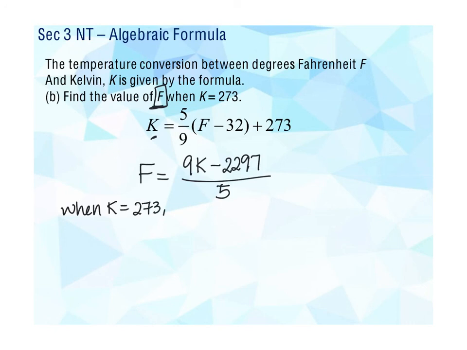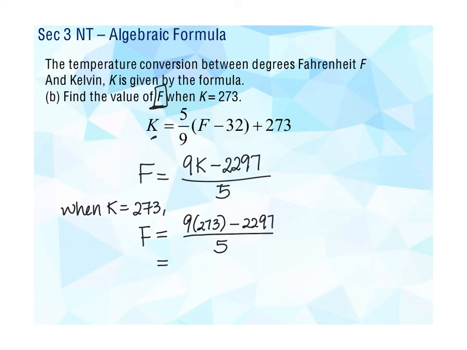Now, when K equals to the number 273, I will follow my formula. F will be equals to 9. The moment I see K, I replace it by the number 273. So it's 9 times 273 minus 2297 divided by 5.